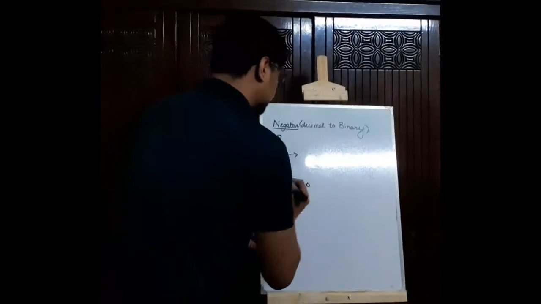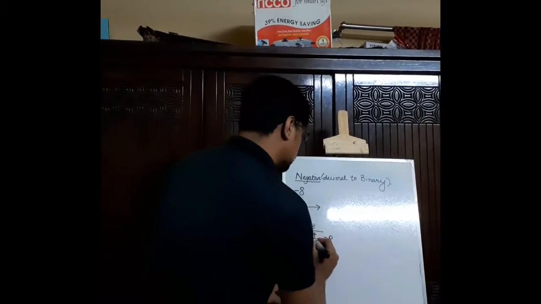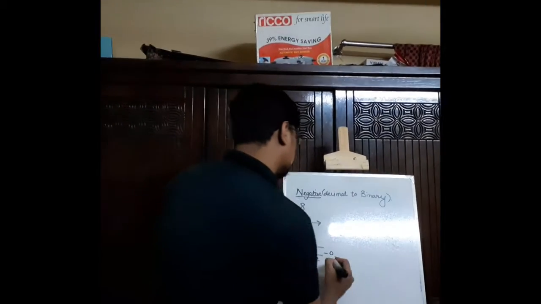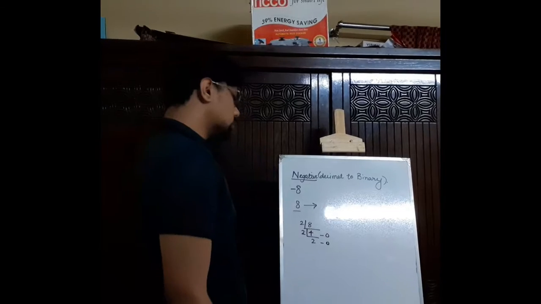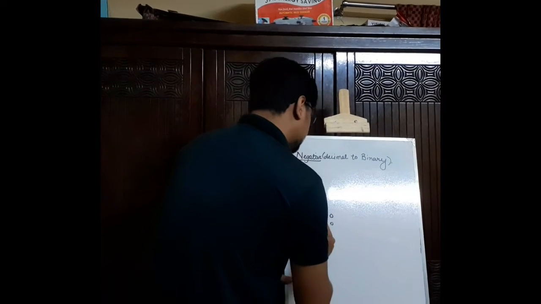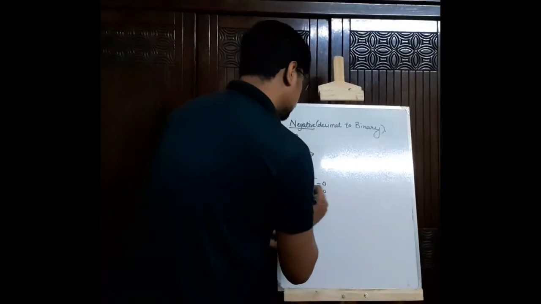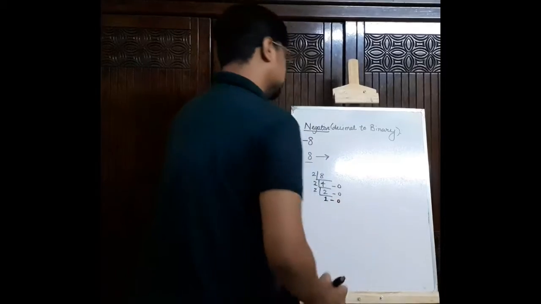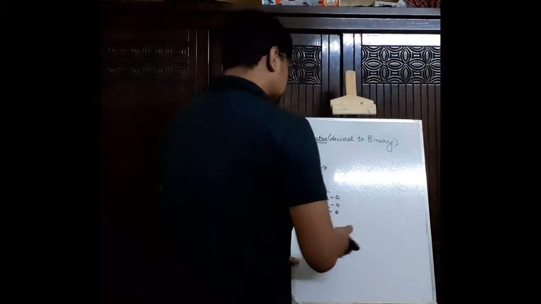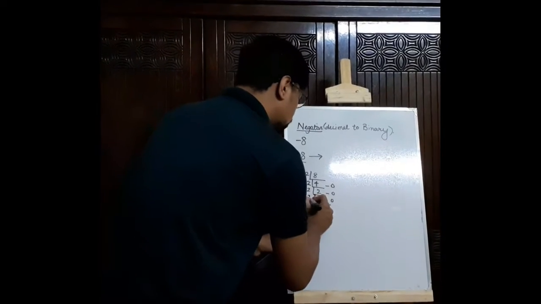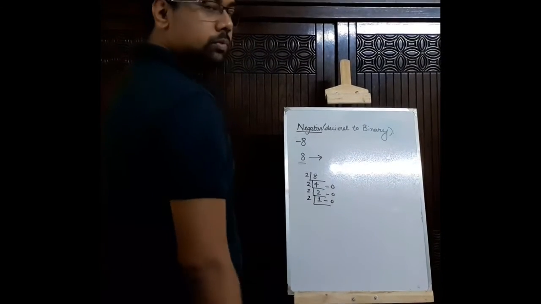Then again, we have 2, and the remainder in this case is also 0, right? In the next step, if we divide this 2 by 2, we get 1. The remainder in this case is 0, right? Again, if we divide this 1 by 2, how much do we get?